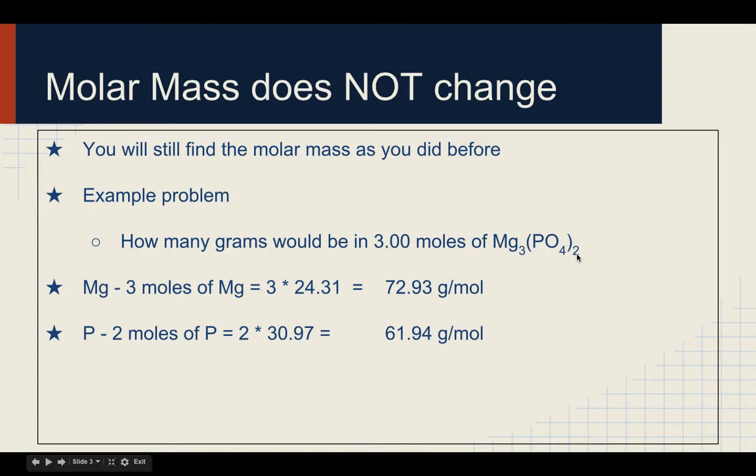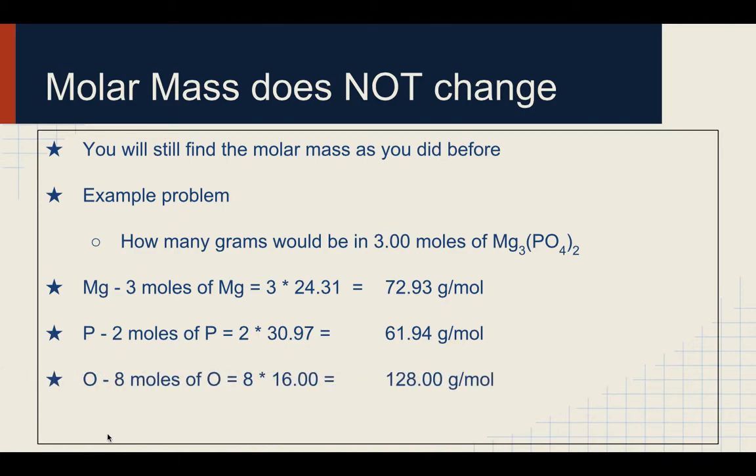Remember, the distributive factor, the 2 needs to go right here, times 1 to give us 2. And 8 moles of oxygen, which is 128 grams per mole. So altogether, we have 262.87 grams per mole. That's the molar mass. So just like I said, that's the exact same thing we did yesterday.